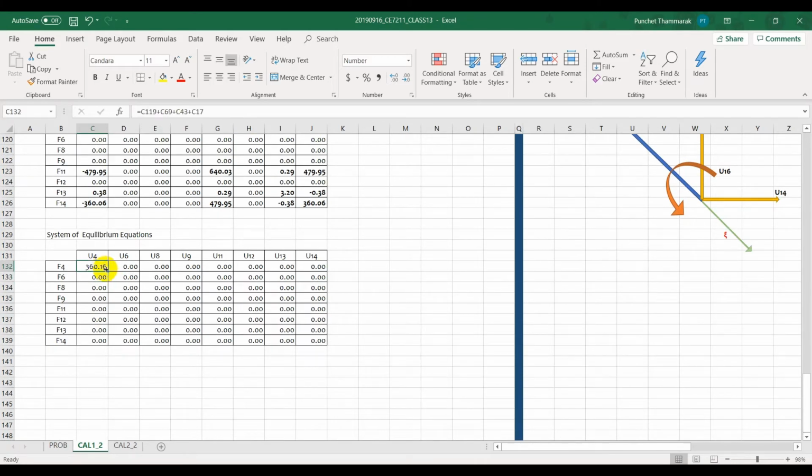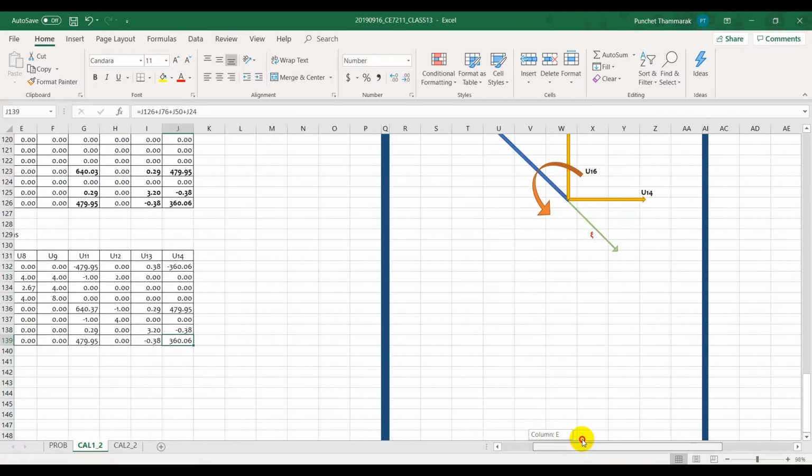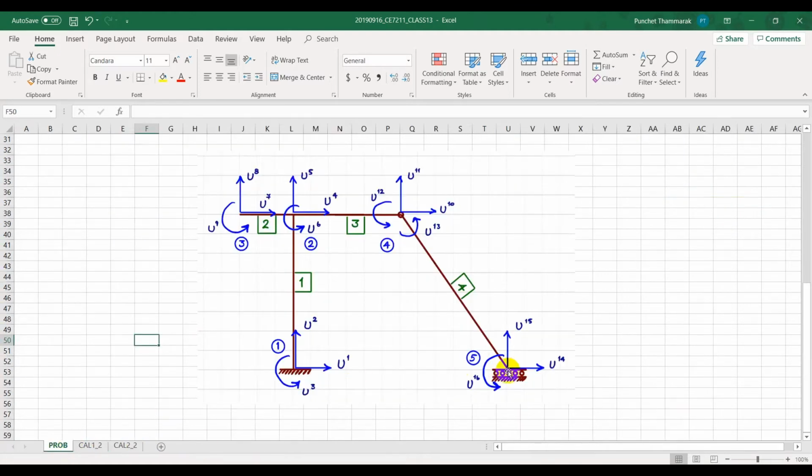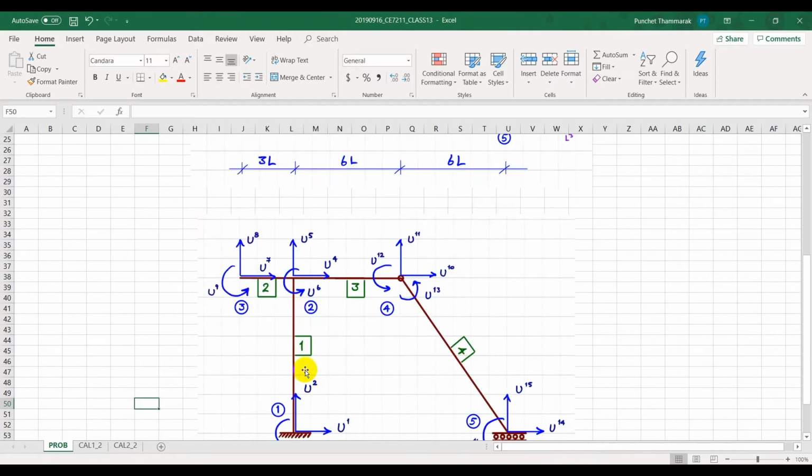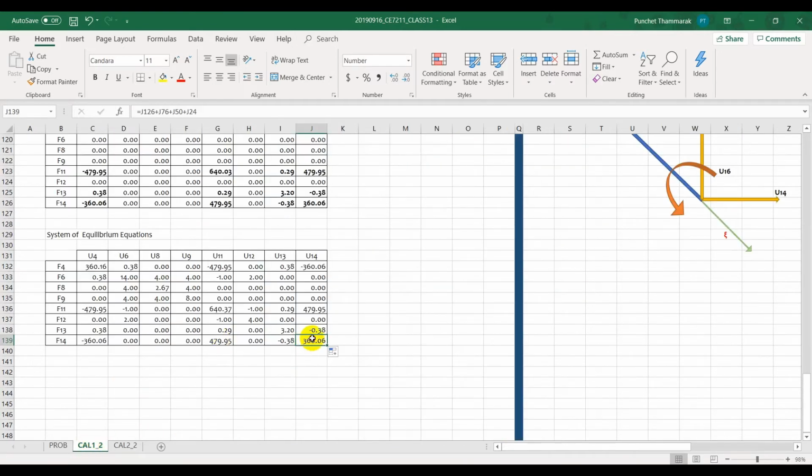I'll copy this through, and remember that for the last element here, we have the spring of which the stiffness is 200. So I need to add the 200 in there.